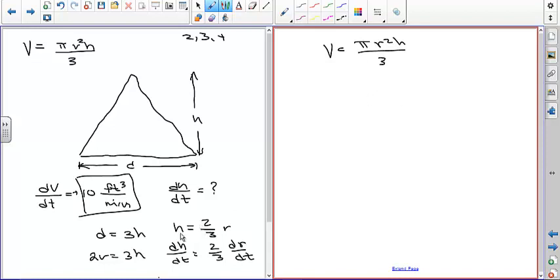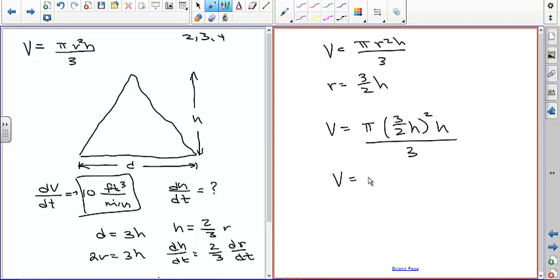What I'm going to do now is use the other substitution. So r is equal to 3/2 h. What I used before was h is equal to 2/3 r. The other one is r is equal to 3/2 h. So if I plug that in, I get pi times 3/2 h quantity squared, so for r I put in that, times h divided by 3.